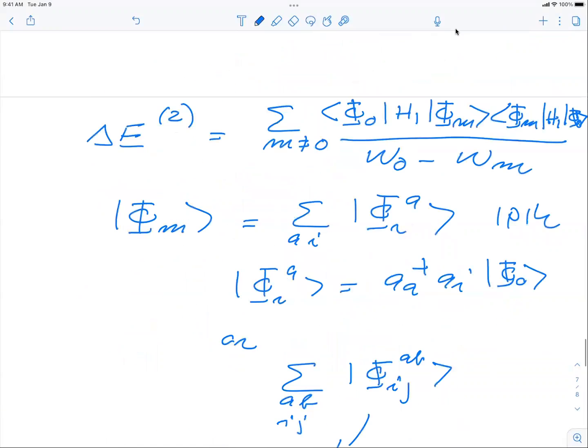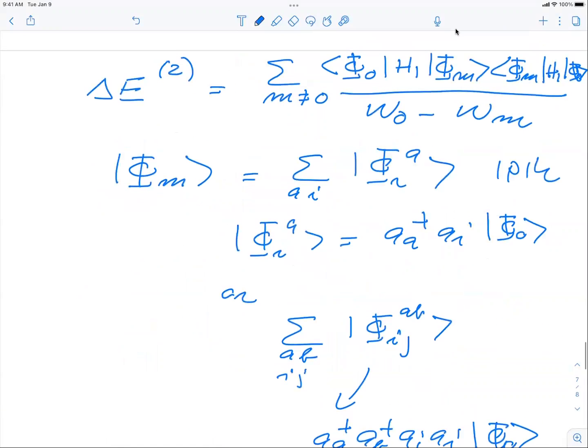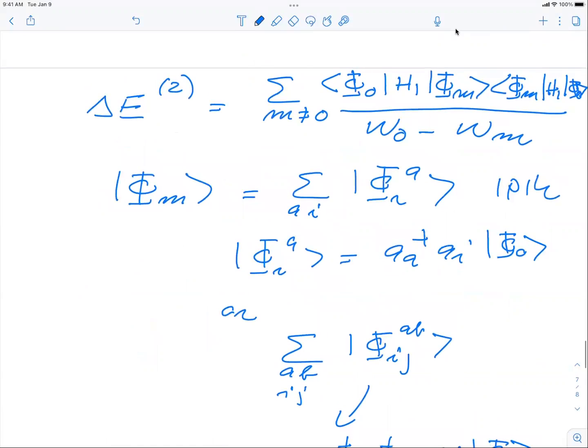One thing which we said is that when we look at this specific sum, we are going to sum over one particle, one hole excitations, two particle, two hole, three particle, three hole, etc. That's the way we organized or regrouped this set of Slater determinants which are not included in the ground state. If you have a model space with dimensionality larger than 1, then we can mix in other states.